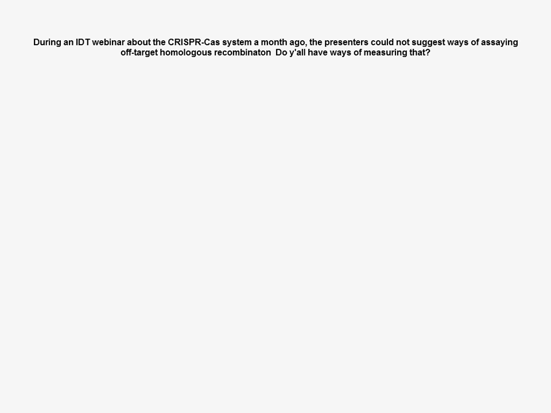And we do things like targeted sequencing of these different sites to understand where, if at all, we're getting off-target cleavage. And these could be used, I think, for off-target homologous recombination.